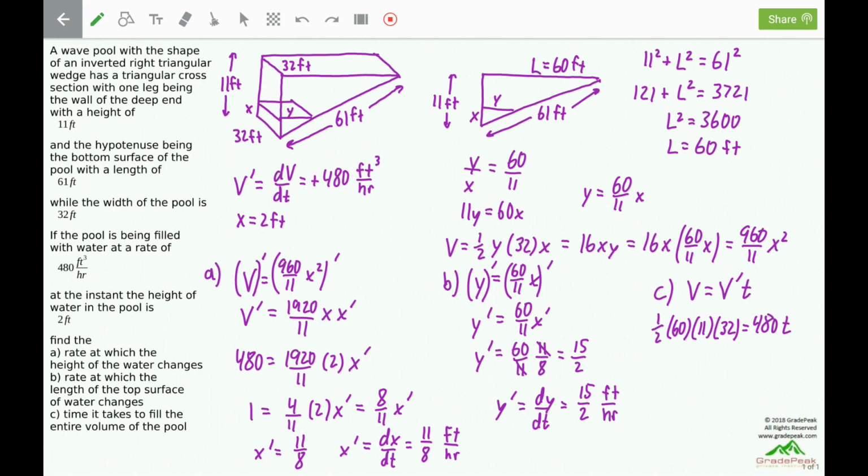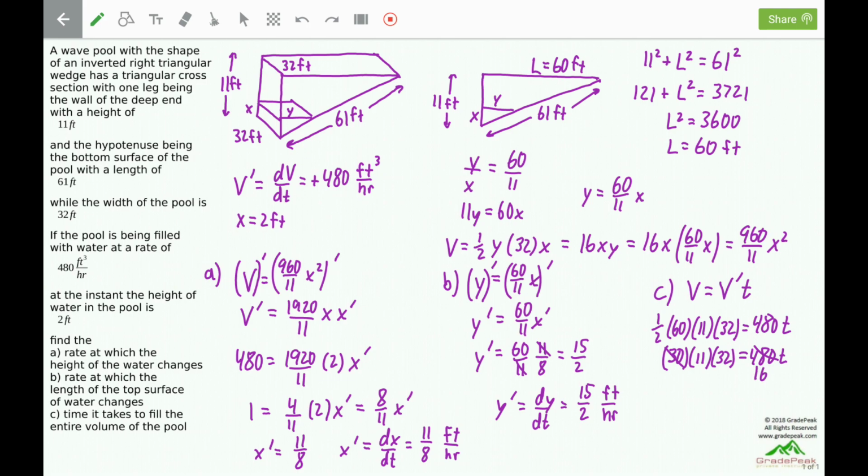The 1/2 times the 60 will become a 30, times the 11 times the 32 equals the 480. The 30 can divide into the 480. It goes in 16 times, so this can cancel with this to become a 16 over here.